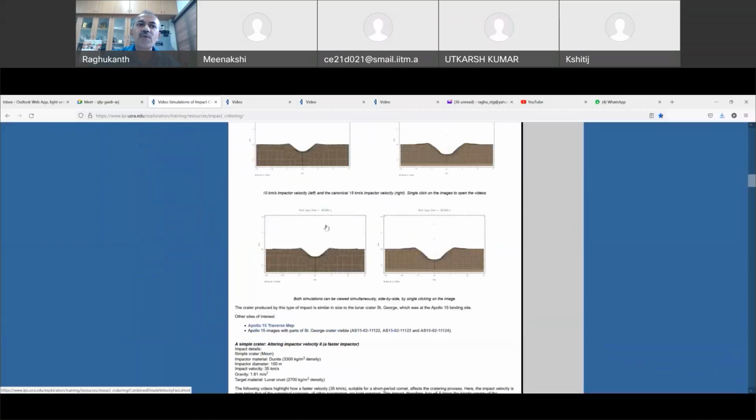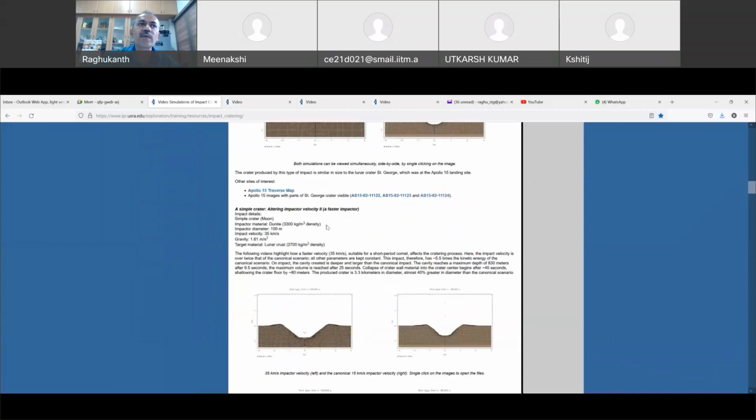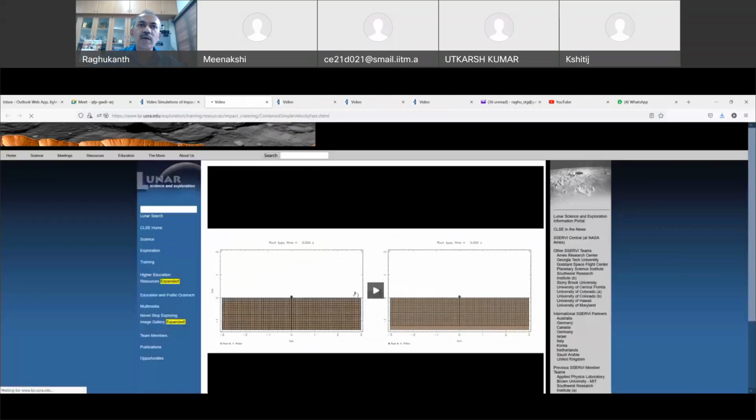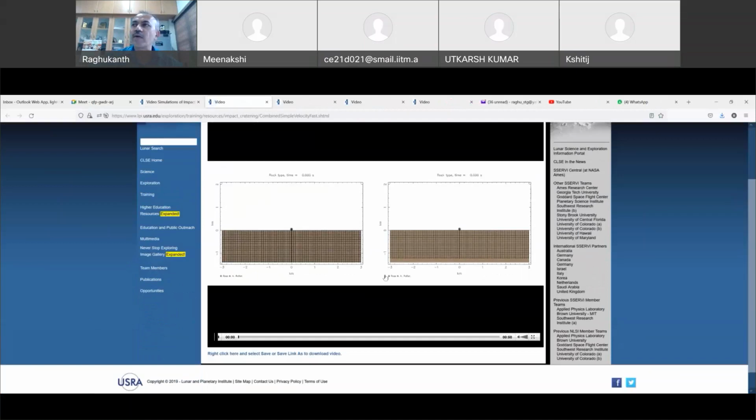Okay, so they have done this very nicely with a variety of cases. This also, I think, has an impact velocity of 35 kilometer per second. It's a huge velocity. So one is 10, the other one is, I think, 35. They have almost tripled the velocity. So this is a huge fallout, right? The velocity is extremely high.